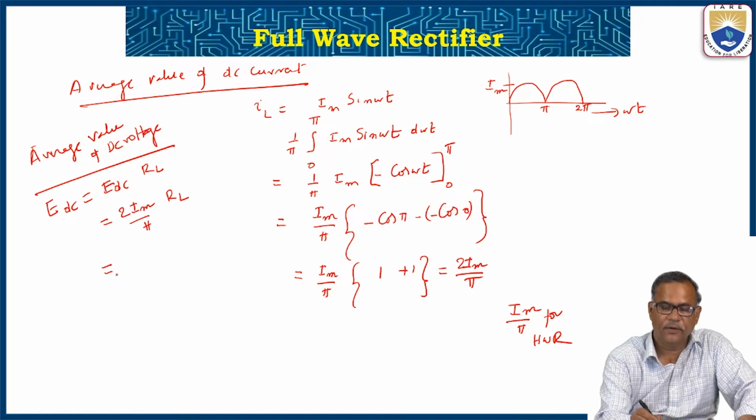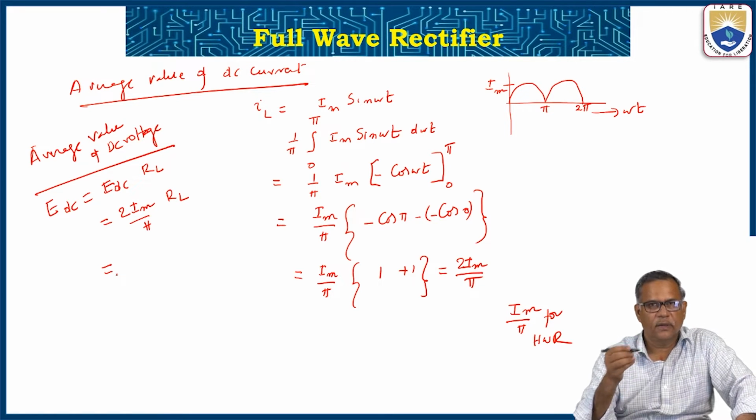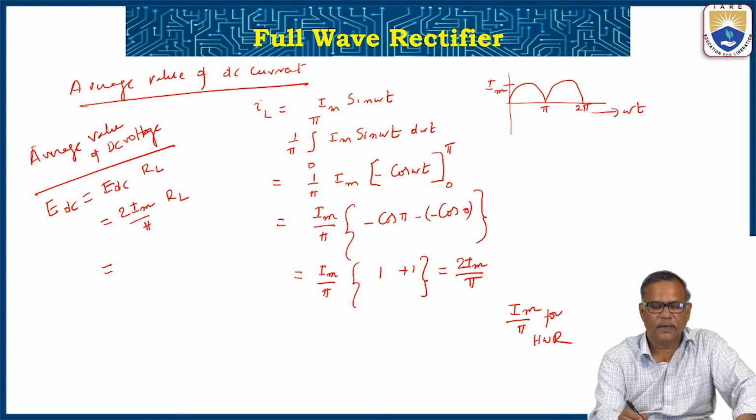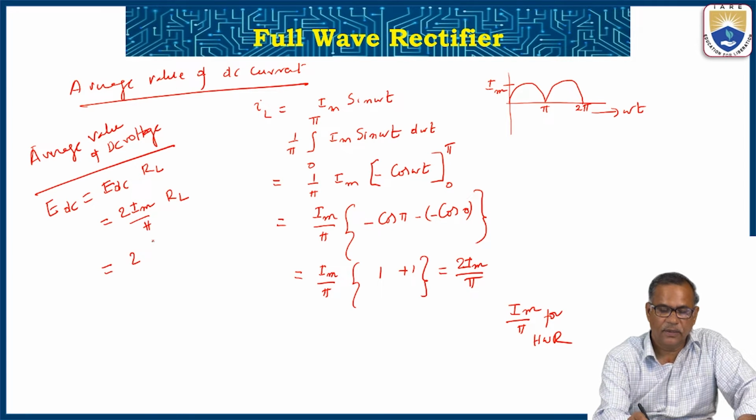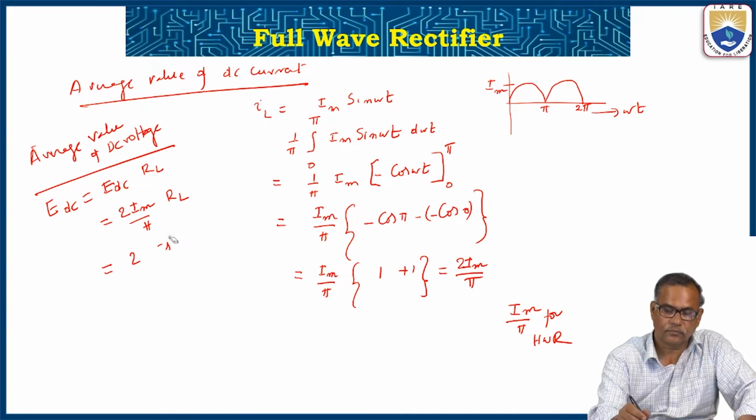And what is the Im value? Im is the peak value of current, which is nothing but 2 into ESM by RL into RL into 1 by pi.